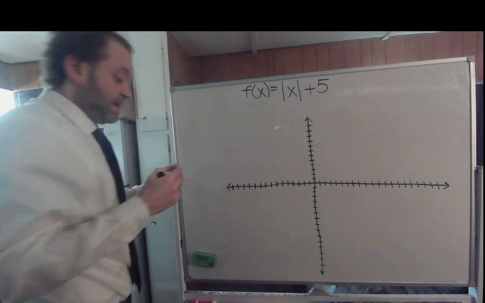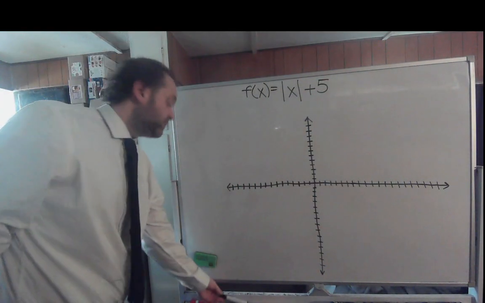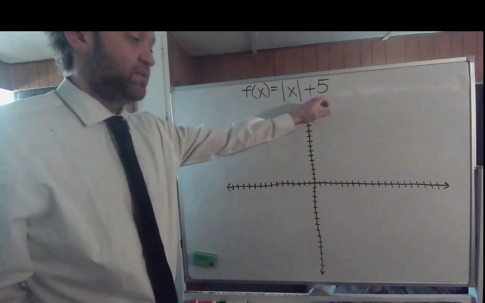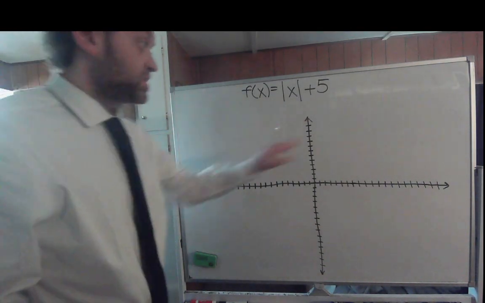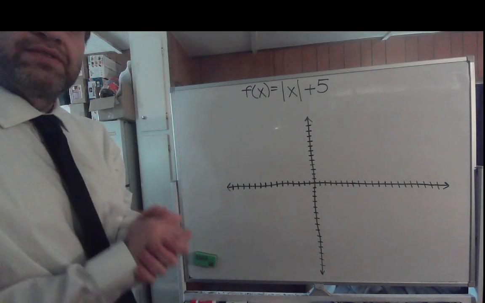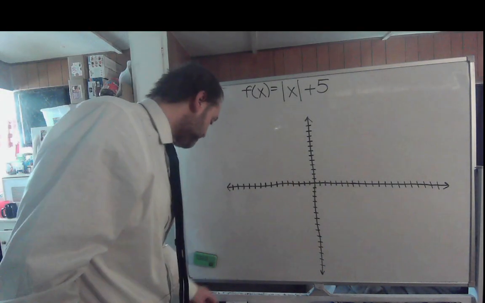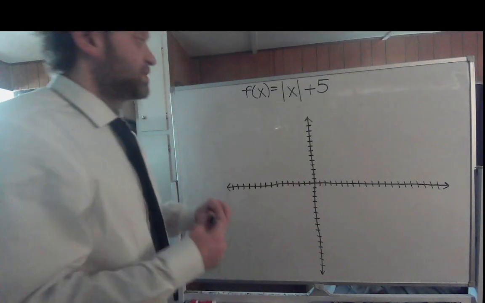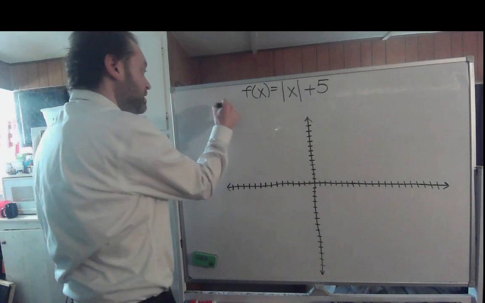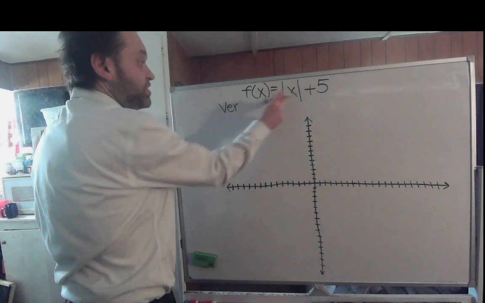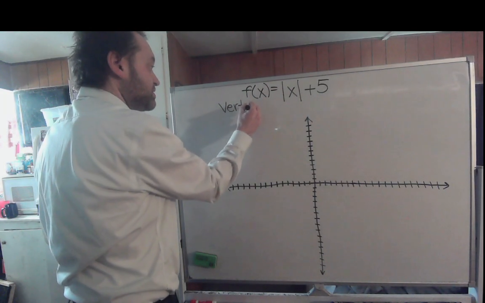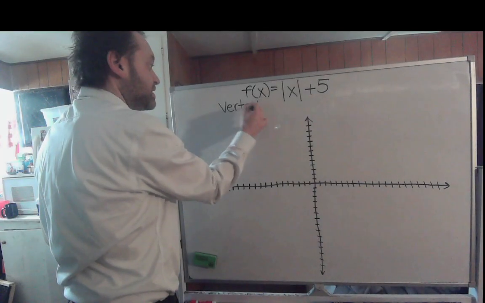We have f of x equals the absolute value of x plus 5. First things first, let's find the coordinates of the vertex. So what's the vertex? Well, look inside your absolute value first for your x coordinate of the vertex.